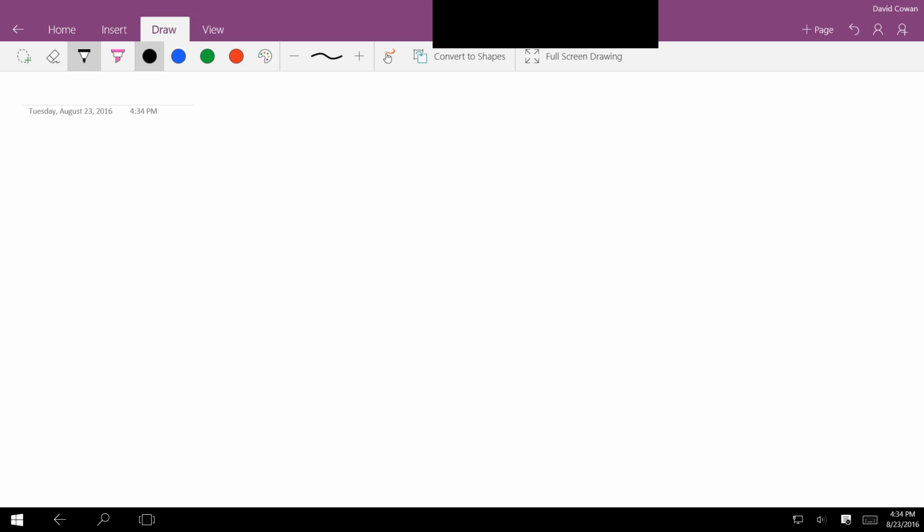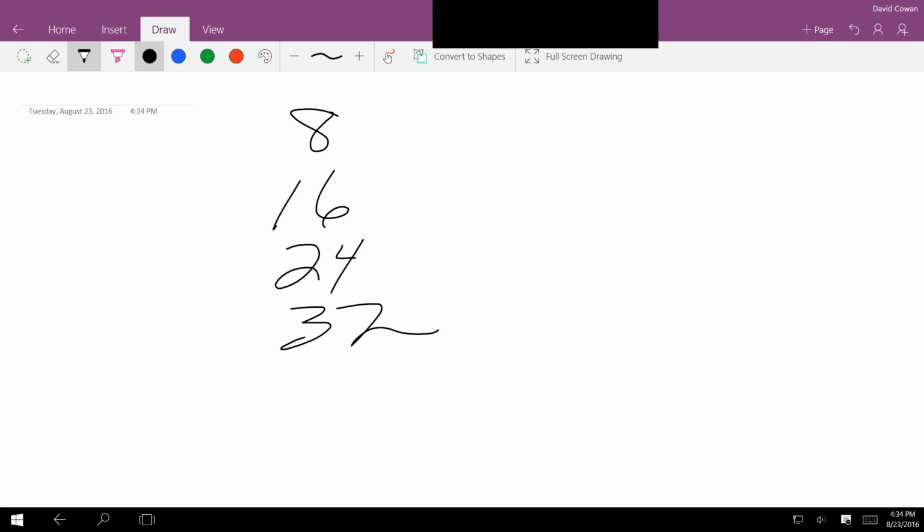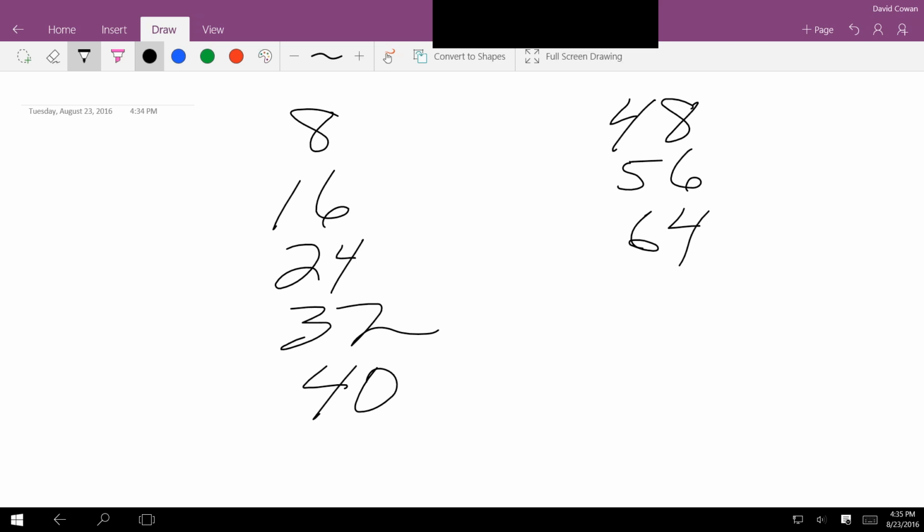Count by 8s. 8, 16, 24, 32. Notice they're all even numbers. 40, 48, 56, 64, 72, 80.